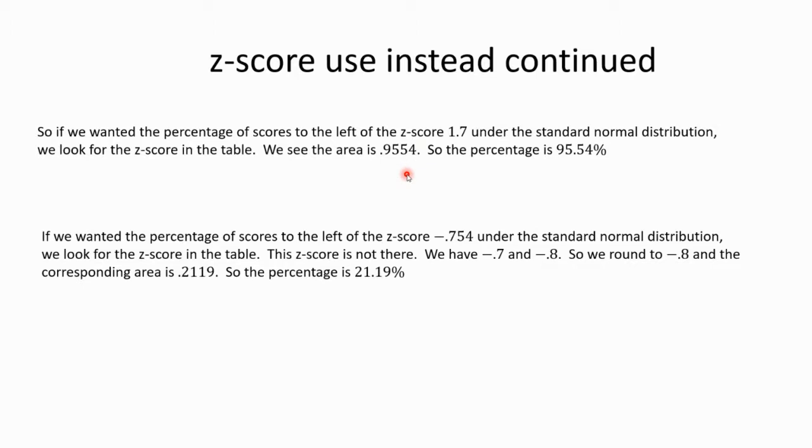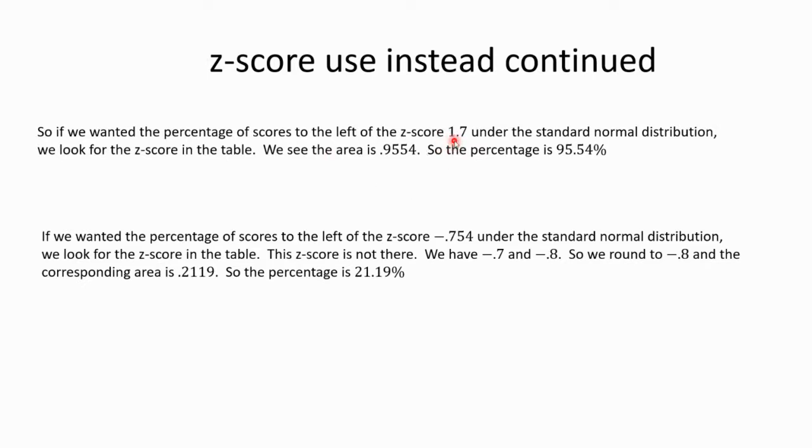Or if you want, you can think of it this way: we're finding the percentage of scores less than the data value that corresponds to this z-score. You can imagine that we already converted the data value to this, 1.7. Okay? And we can get that using that table.